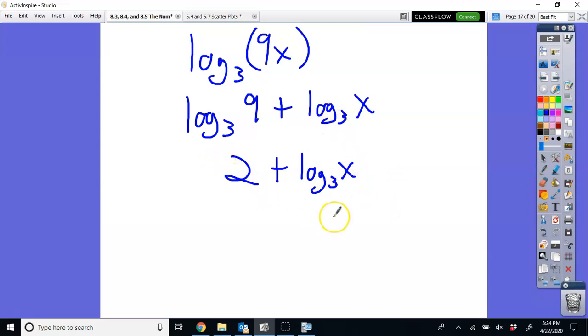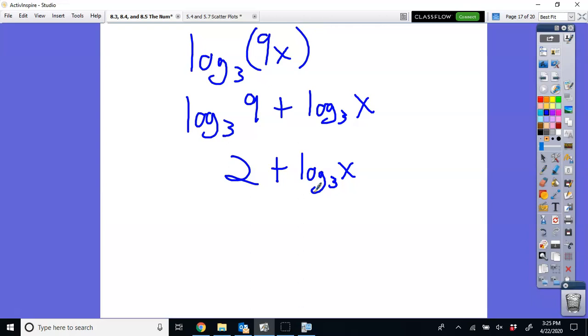You've split it apart. I'll go ahead and tell you, typically splitting it apart is not the most beneficial thing about this property. Bringing things together, or condensing, is the word you will see on the next few slides, is really the thing that I use the most, and you'll probably use the most when you're solving equations with logarithms.